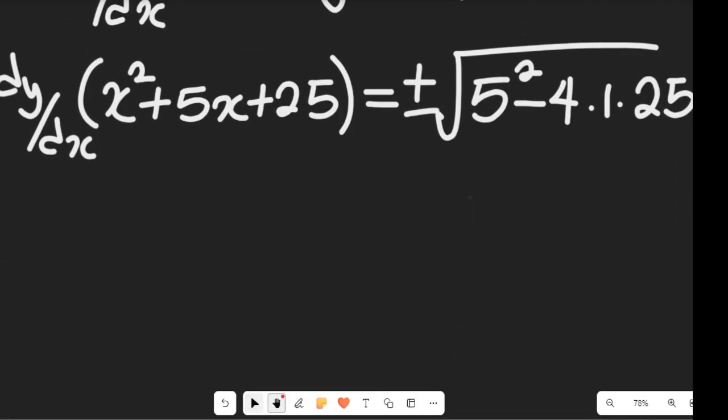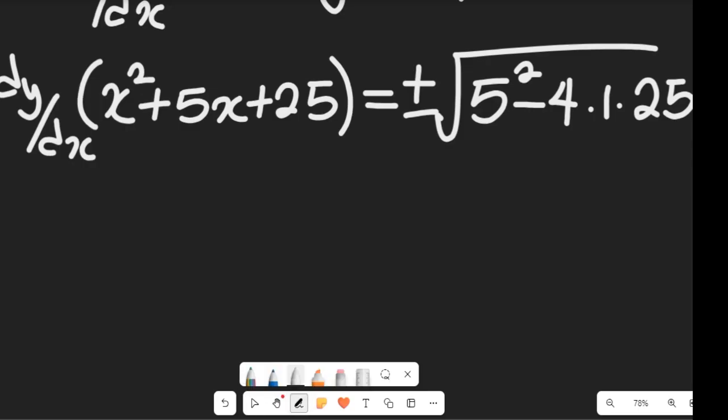Great. Now in the next step, we'll simplify this. If we differentiate this, we're going to have this become 2x plus 5, right?